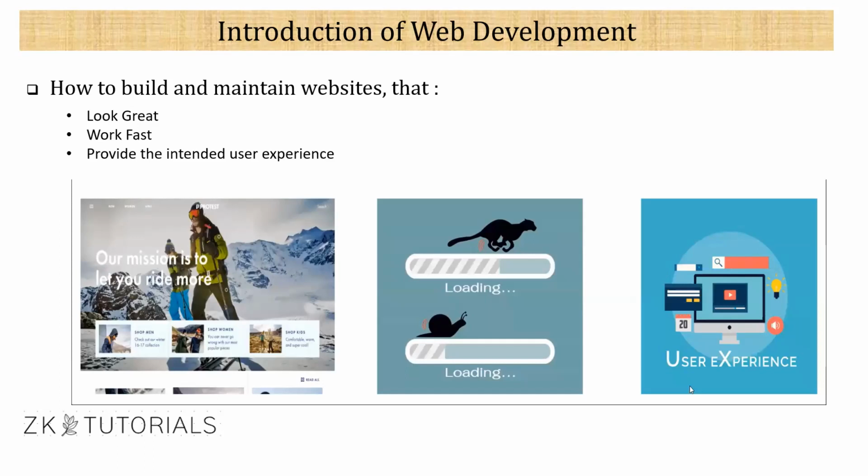Everybody who is watching this session must know that web development is used for websites, right? So how should your website look, and what are the main things in a website? First, the website should look great, right? If your website is not looking great, the user will not come to your website.